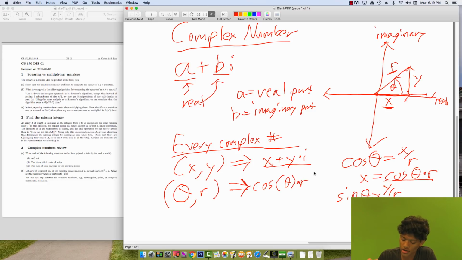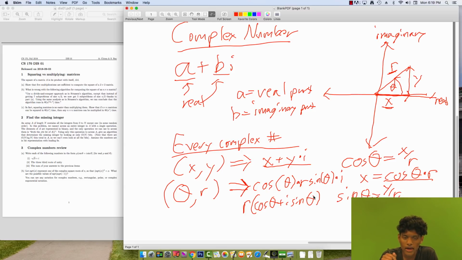And for y, here it should say sine theta, so we plug in r sine theta times i. Factoring this out, we get that our new expression for our complex number is r times cosine theta plus i sine theta.